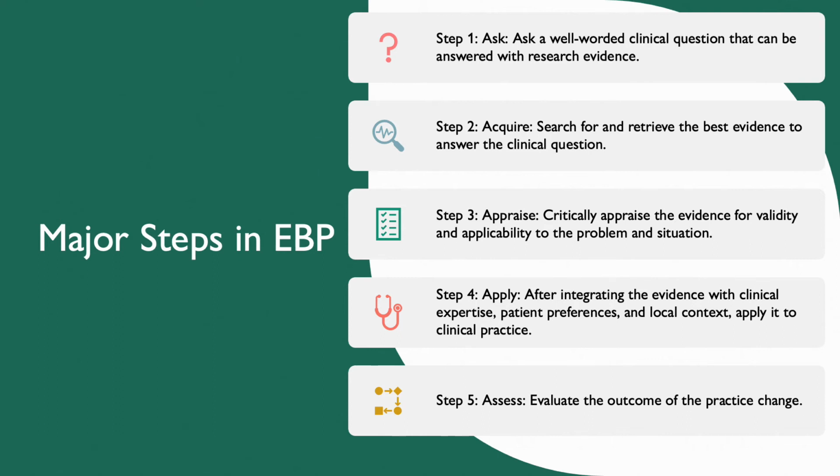So after you have acquired your search and you've retrieved your best evidence, you then have to start critically appraising the evidence for validity and applicability to the problem you're interested in, and the situation involves you thinking about quality, magnitude, quantity, consistency, and applicability.